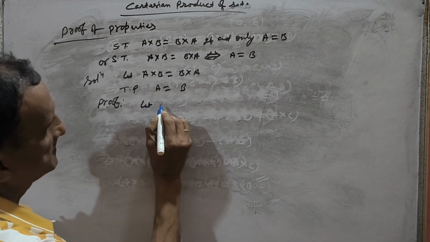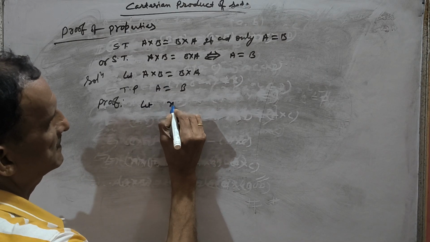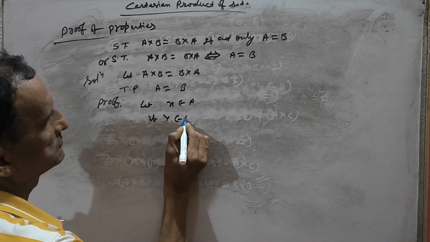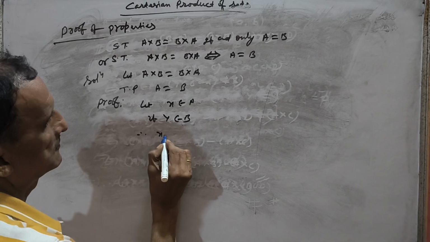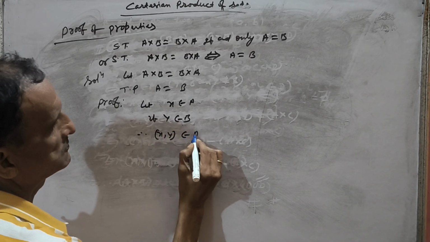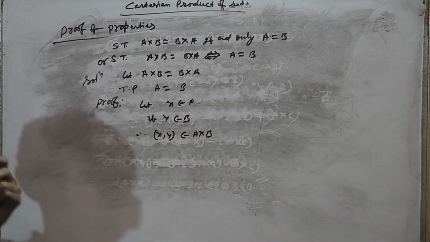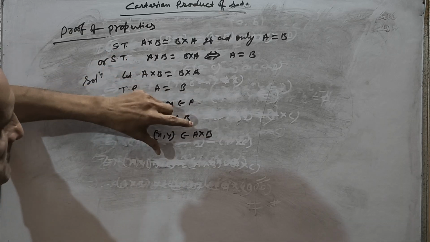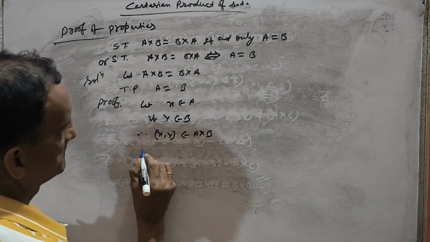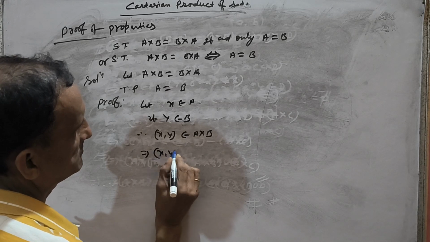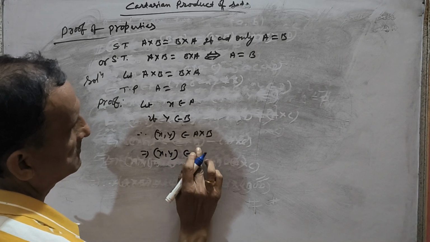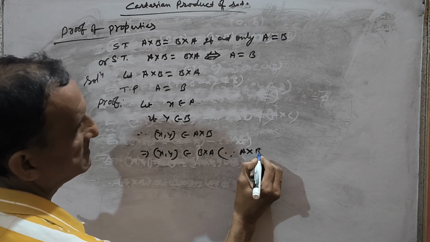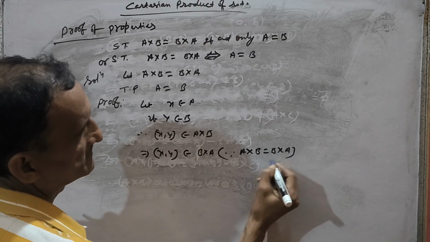Now take any arbitrary element X of A, let X belong to A. Now if Y belongs to B, then we get the ordered pair (X, Y) belongs to A cross B. This implies the ordered pair (X, Y) belongs to B cross A. You know the reason? Since A cross B is equal to B cross A is given.